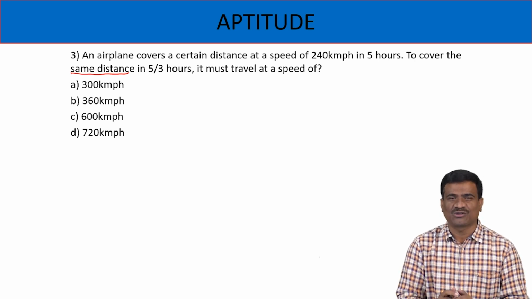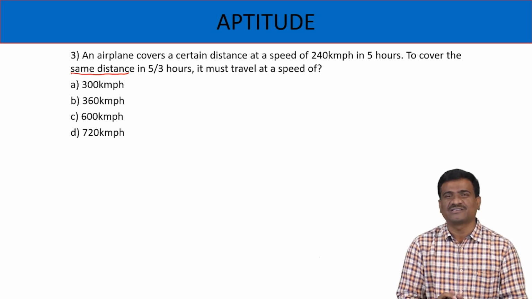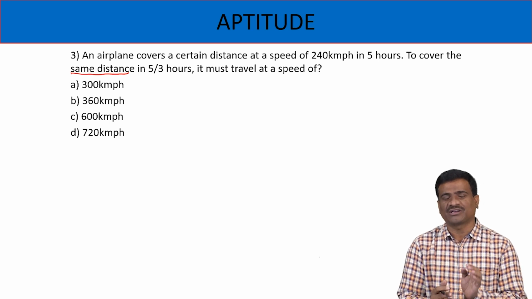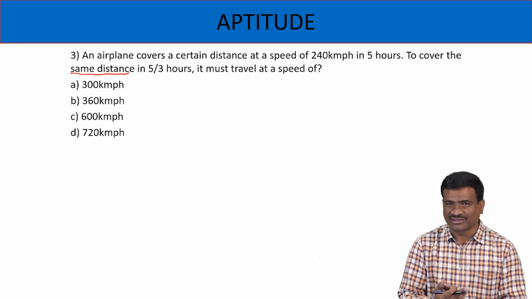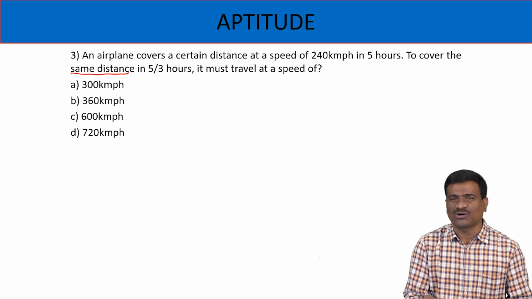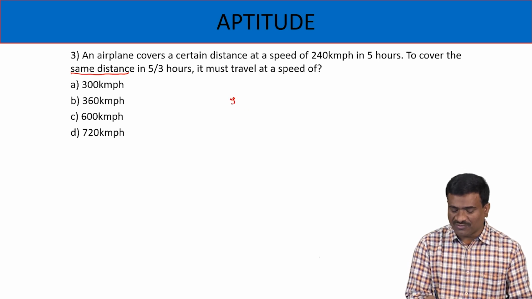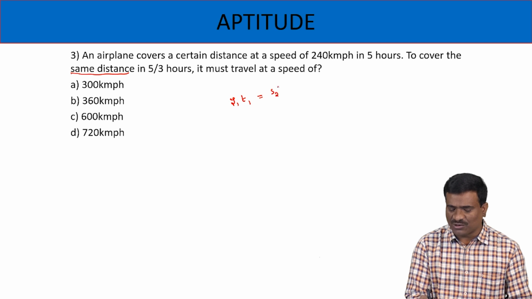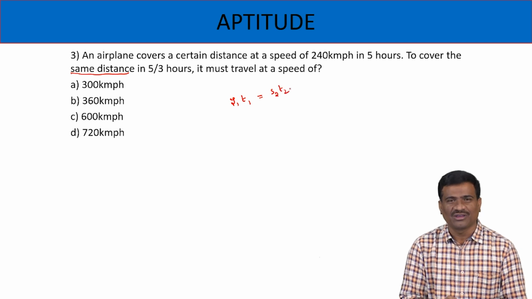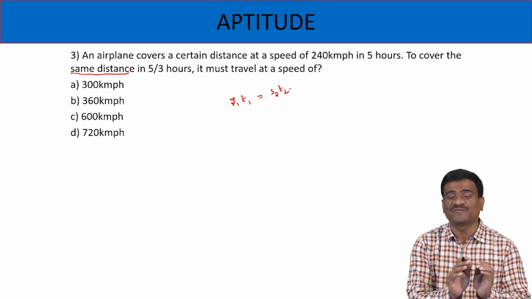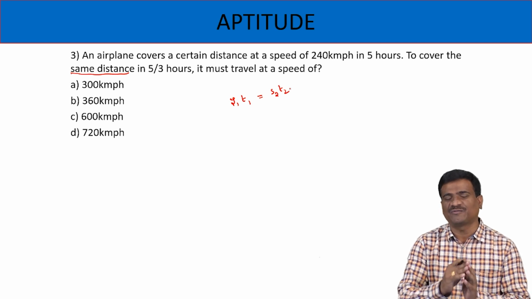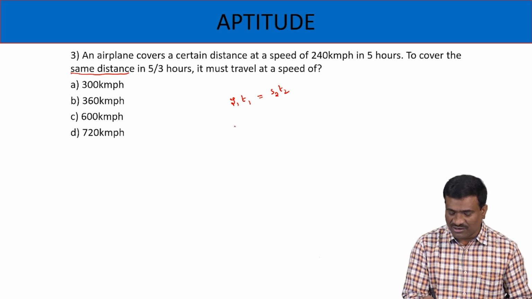When time is constant, when distance is constant, when speed is constant, these three applications are important in the time, distance and speed method. When distance is constant, the relation between speed and time is S1 T1 is equal to S2 T2, where S1 is the speed of the first train or first object, 240.